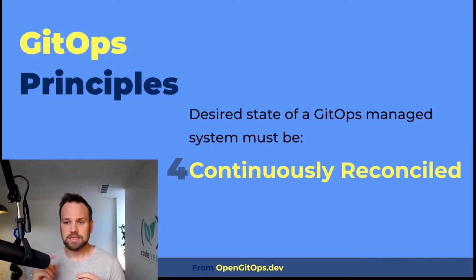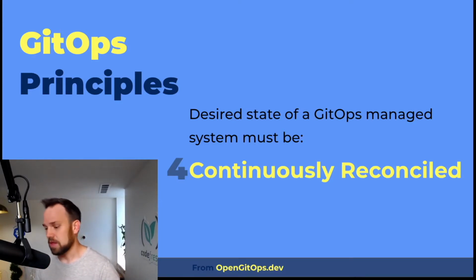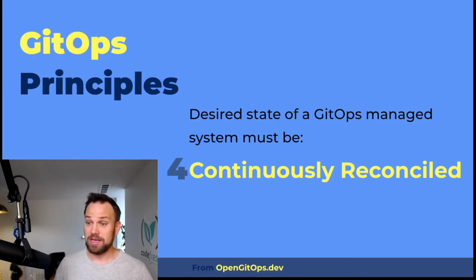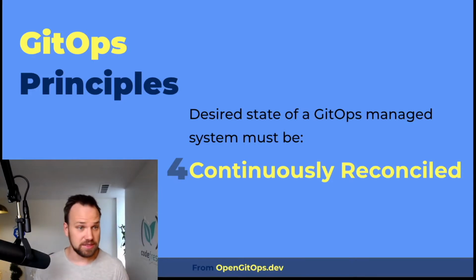This continuous reconciliation is important because it helps you avoid issues where maybe there's some drift in your production, maybe some changes have occurred, maybe somebody has unauthorized access to the system, or maybe a well-meaning DevOps engineer has connected to the wrong system automatically and made changes.